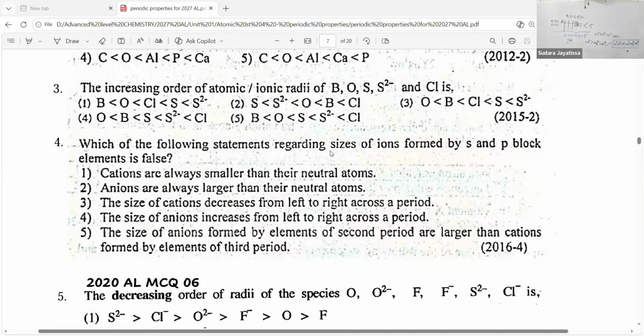You can see that as the number of protons increases, size or radius decreases.